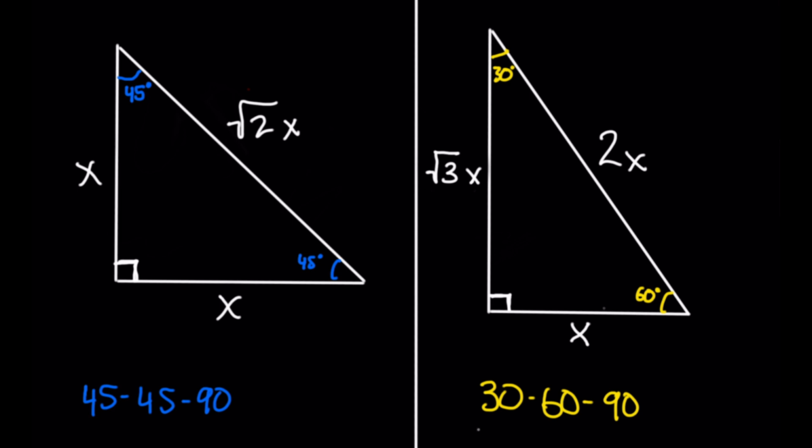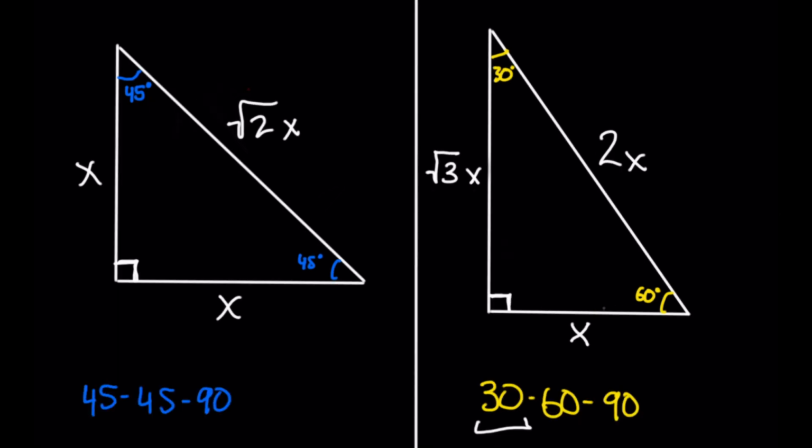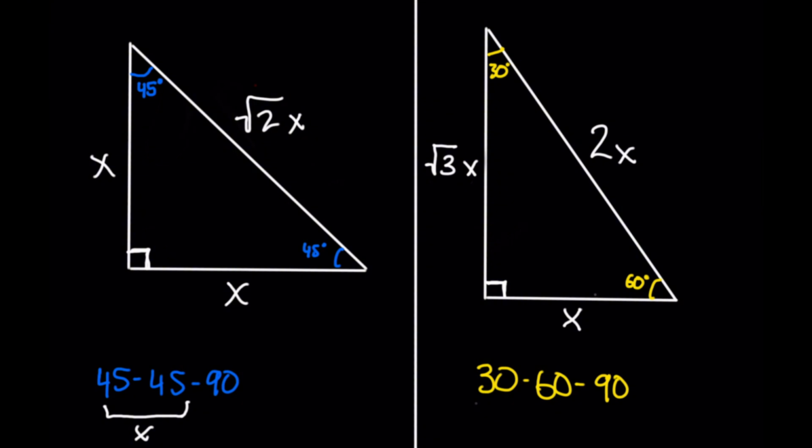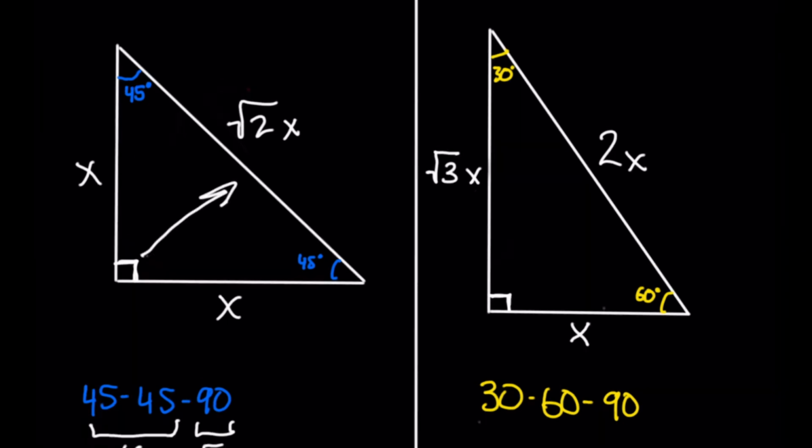We can think that because when you say 30-60-90 triangle, it starts with 30, so it starts with the normal x, just like the 45-45-90 triangle starts with the normal x, and then 90 is square root of 2 times x. I'm talking about the angle and the side that it is opposite to, or corresponds to. So 90 goes with square root of 2 times x, and 45 goes with x.